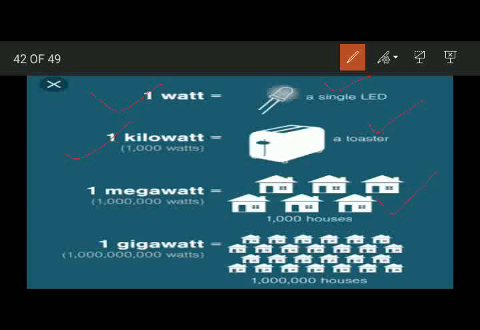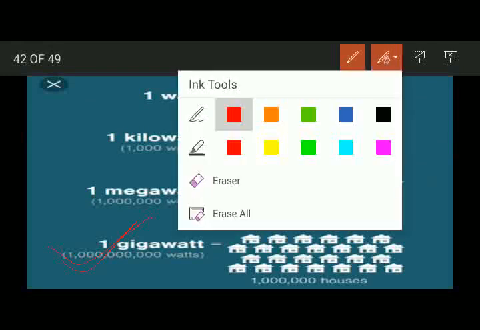The power of 1000 houses is 1 megawatt. So how much power is needed to light up 1000 houses? It is 1 megawatt, that is 10 to the power 6 watts. Similarly, a power of 1 gigawatt will light up 10 lakh or 1 million houses.